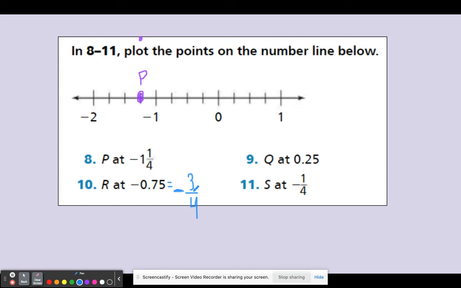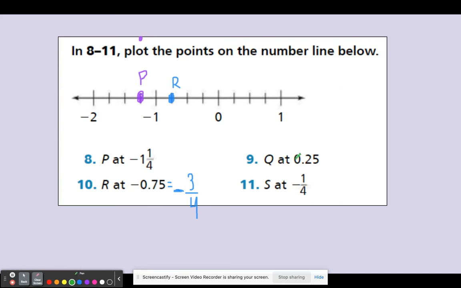Does that have a whole number? No. So I will go to 0. I don't have to travel to any of these whole numbers. I am just going to go backwards because it's negative 3 spaces. 1, 2, 3. I went backwards 3 out of the 4 spaces. I'm going to put a dot and I'm going to label it R.